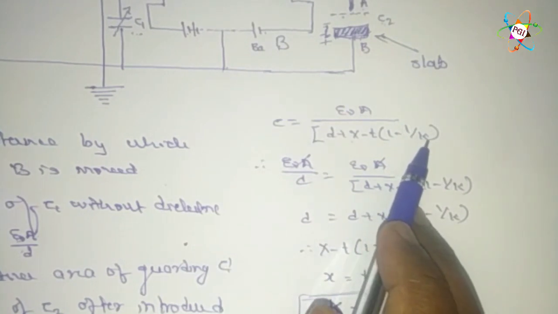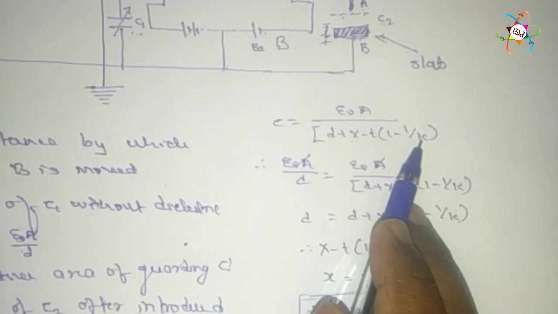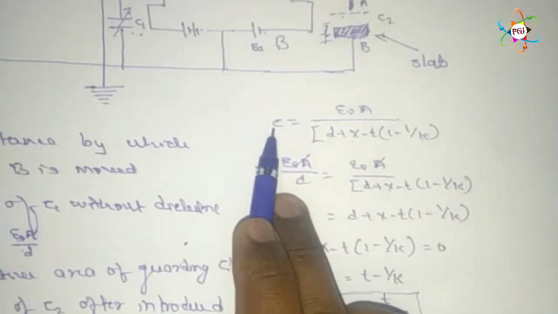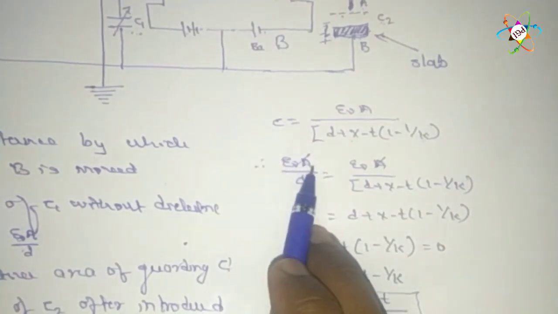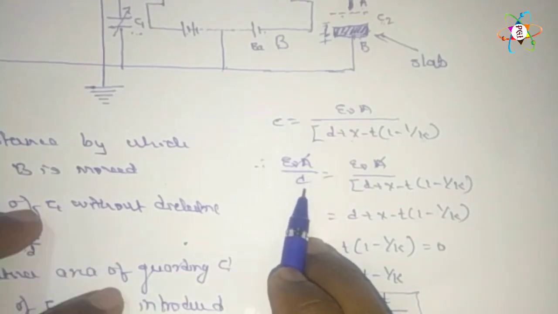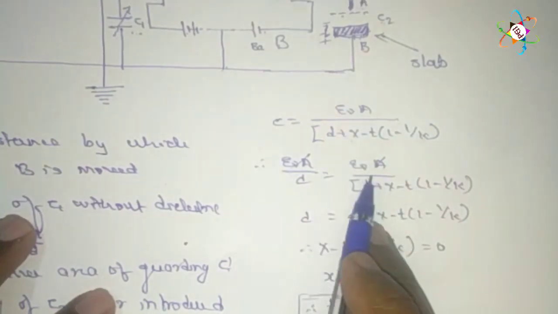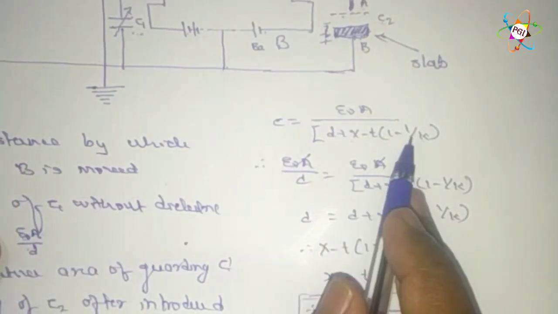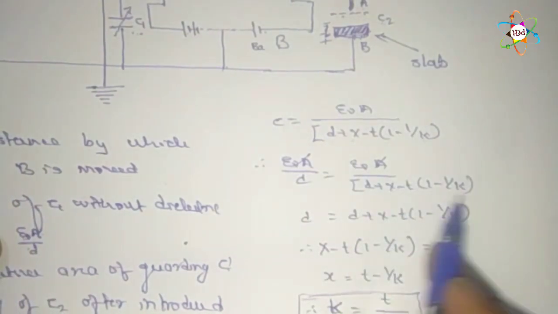Now we have to calculate K, the dielectric constant. We know that the capacitance C is equal to epsilon naught A divided by D, equal to epsilon naught A divided by the denominator.